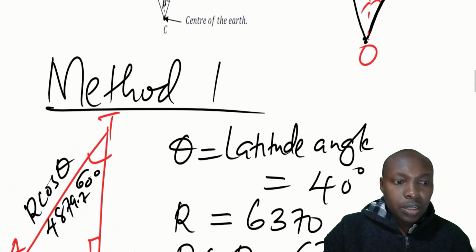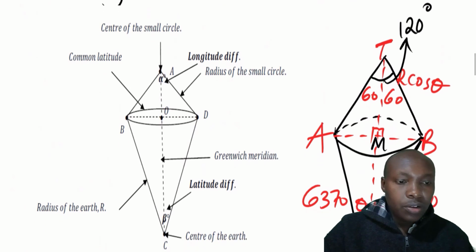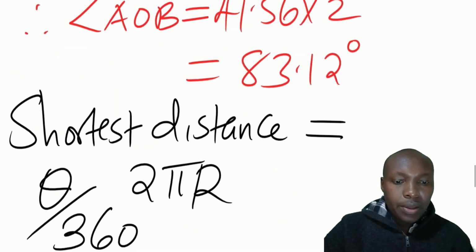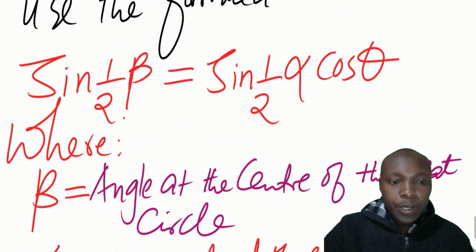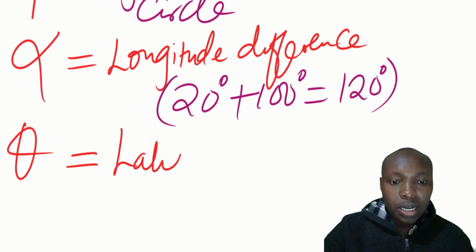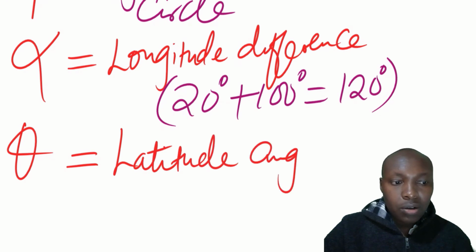When you look at the figure here, you can see the longitude difference, which is 120. We had got that. And the next thing that we need to get is the latitude where the two places lie, which is represented by theta. That is the latitude angle, where they both lie, on 40 degrees north.